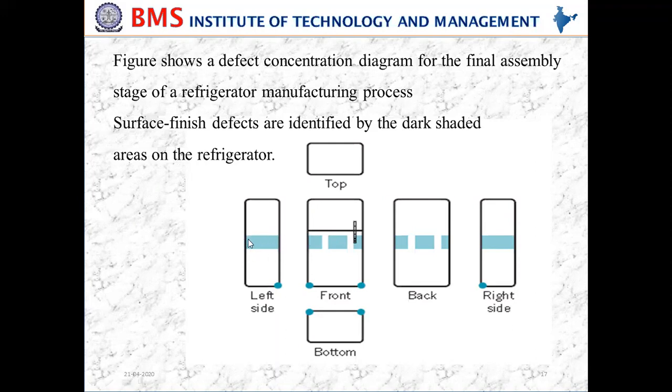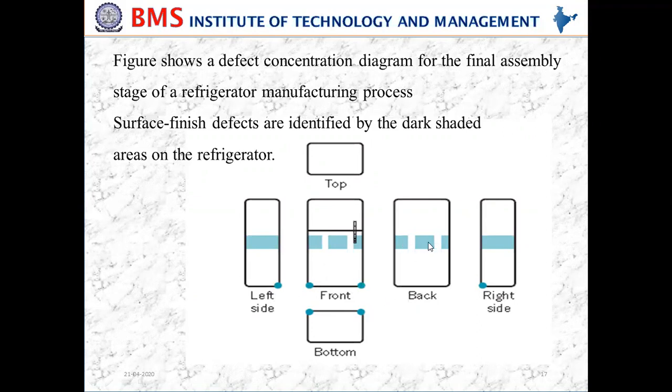If you look at this left side view, this is the area where surface defects are concentrated more. In the front view, even the corners are damaged. So if you look at these two corners, there is damage.